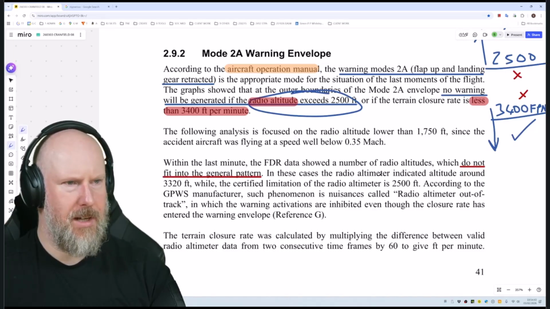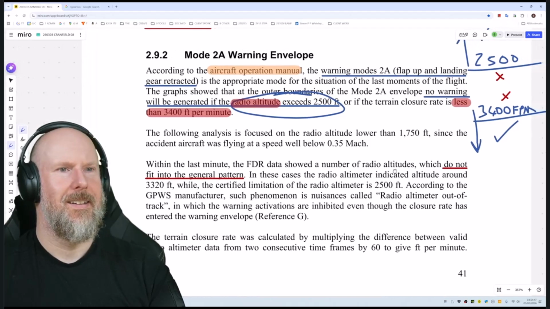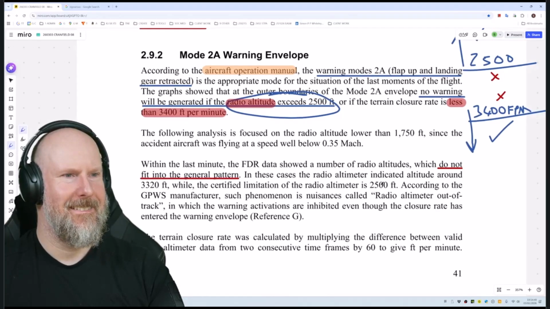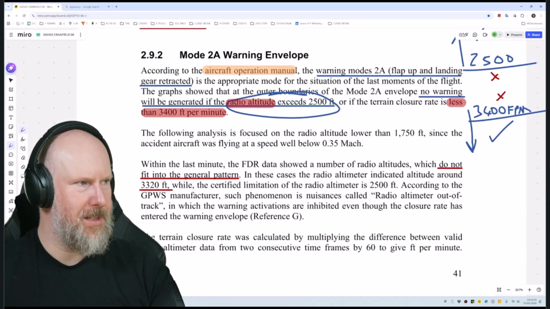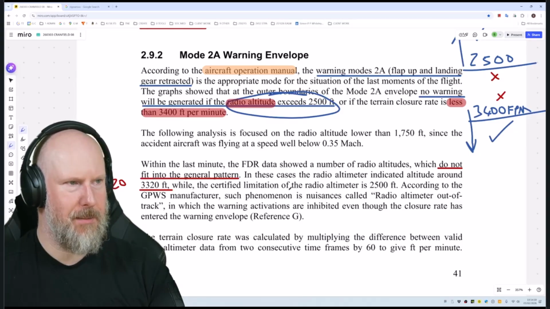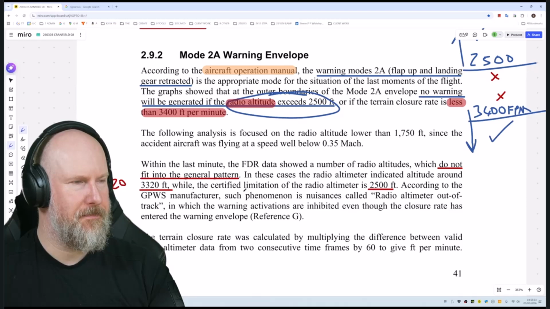In these cases, the radar altitude indicated an altitude of around 320 feet, while the certified limitation of the rad alt is 2,500 feet.